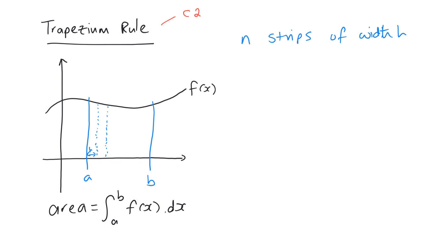Now, if you consider just one strip, what we're sort of assuming is that we're looking at a small enough part of the curve that it's really a straight line, which would form this yellow trapezium here. Okay, so each strip is roughly the shape of a trapezium.